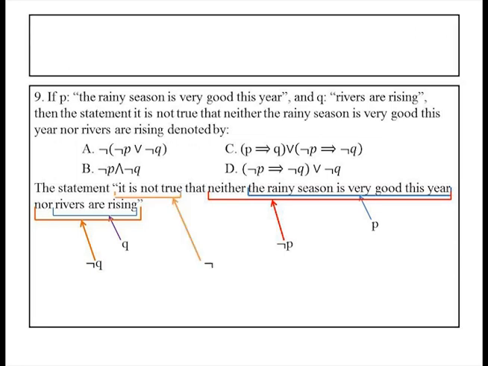So the statement it's not true that neither the rainy season is very good this year nor rivers are rising can be expressed as: it's not true means negation, parenthesis, neither the rainy season is very good, negation of P. Neither nor or either or is represented by or, that's disjunction. Then the last one, nor the rivers are rising, is negation of Q. So choice A is the correct answer.